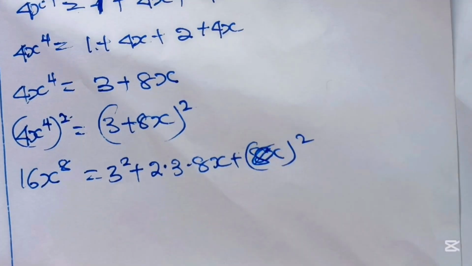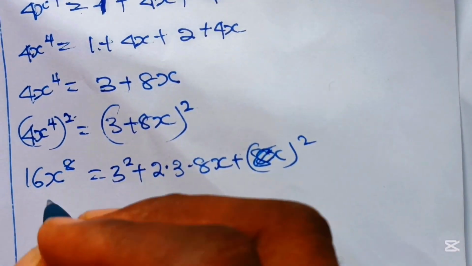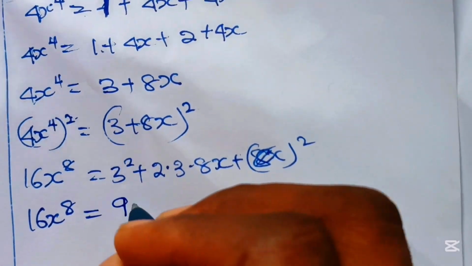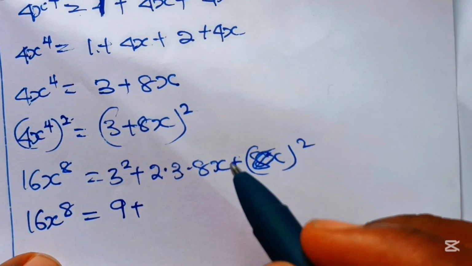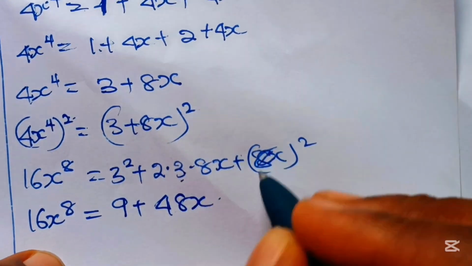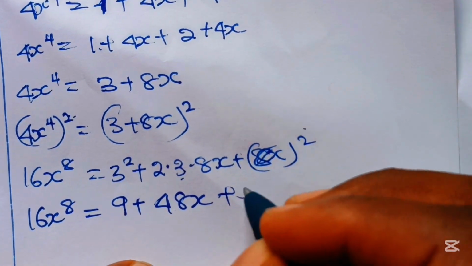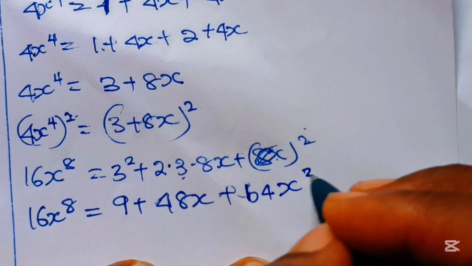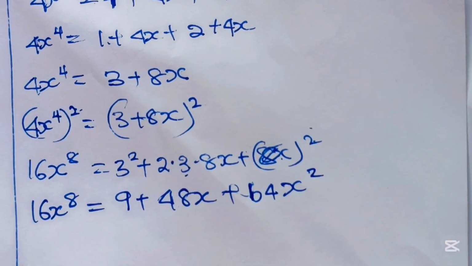Okay, all right. Now we have 16x to the power of 8 is equal to 3 squared is 9 plus 2 times 3 is 6. 6 times 8 is 48. So we have 48x plus, now 8 squared is 64 and we have x squared. Okay, all right.